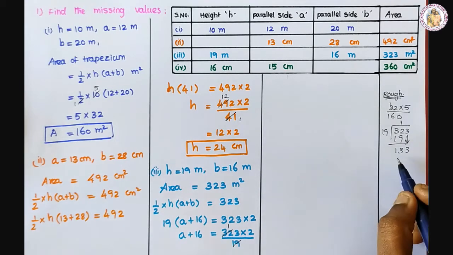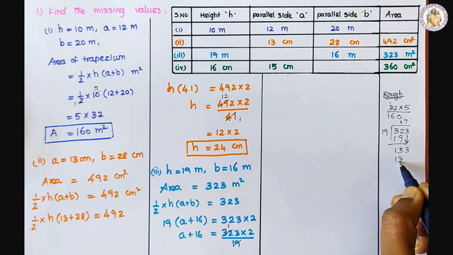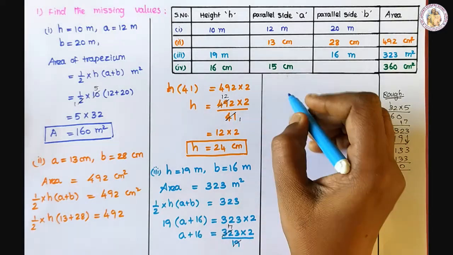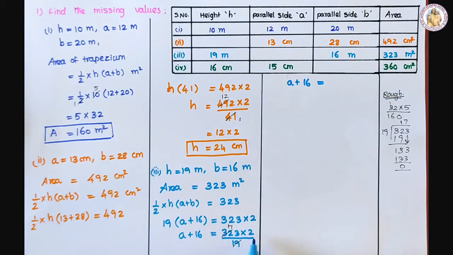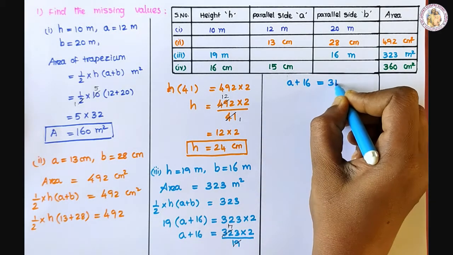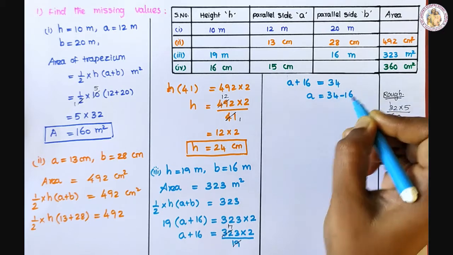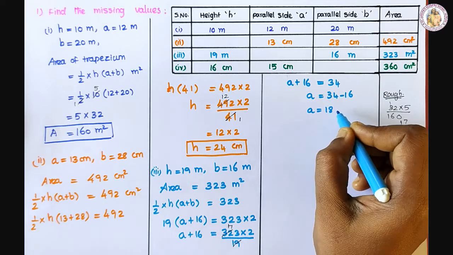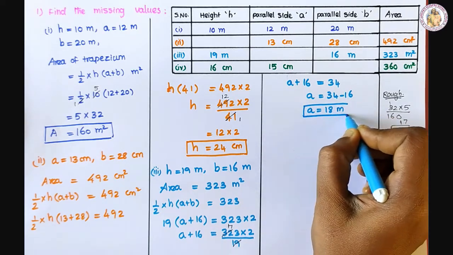Bring down the 3, it becomes 133, that is 7 times. 7 19s are 133. So 17 times. So a plus 16 equals 17 into 2, that is 34. a equals 34 minus 16, so a equals 18 meter, that is the parallel side a.